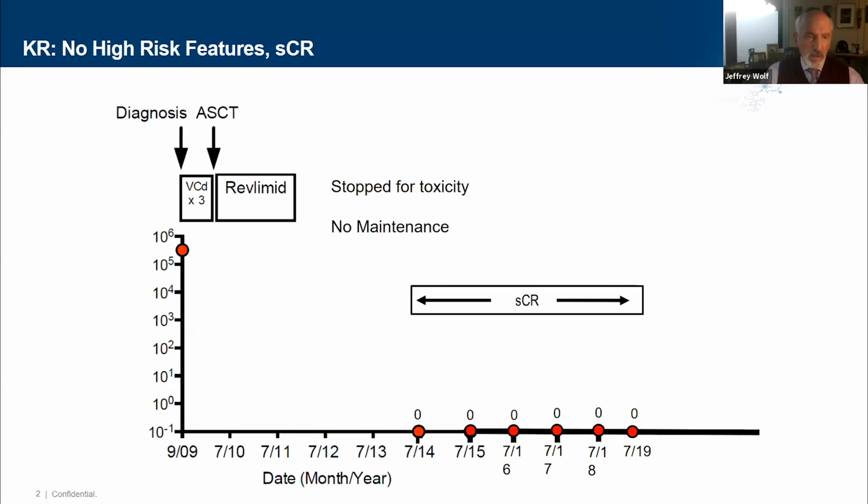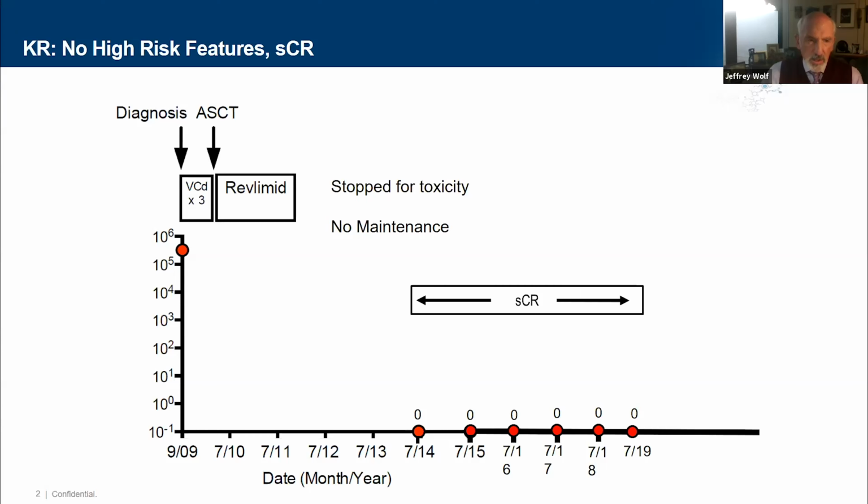I'm going to share, can we share my slides again here and just show a couple of cases. This first one is a patient who happens to be also a friend of mine, who in 2011, after a transplant and a year of Revlimid, could not tolerate lenalidomide or Revlimid any longer because of a lot of side effects and low blood counts.